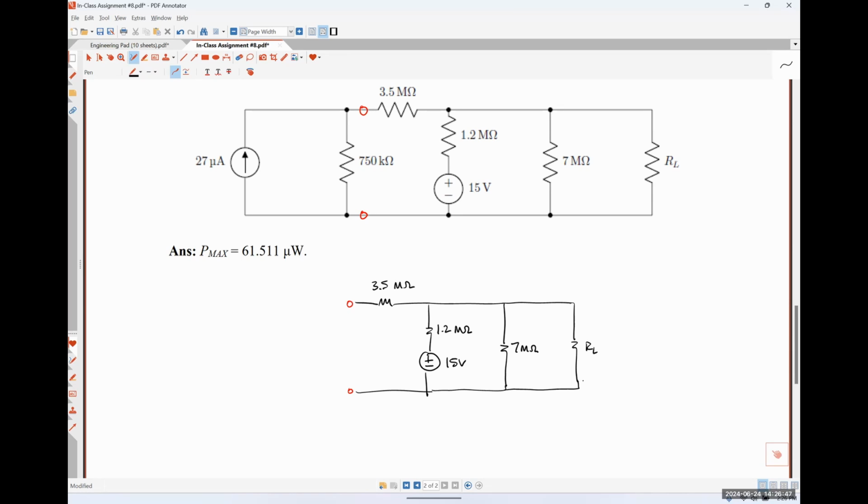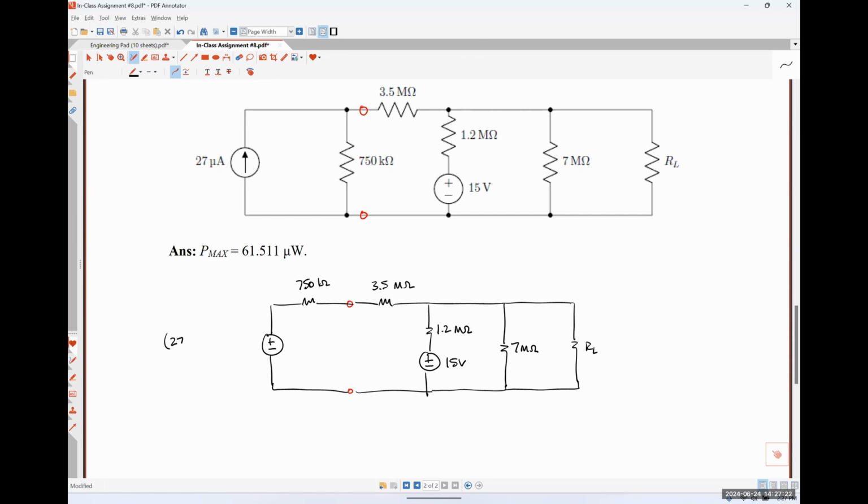And then everything to the left of those red terminals, I'm just going to replace with the electrically equivalent opposite practical source. Okay. So to me, this seems like I should have a practical voltage source like so. This is going to be a 750 kiloohm resistor. And then I'm going to be real lazy here.